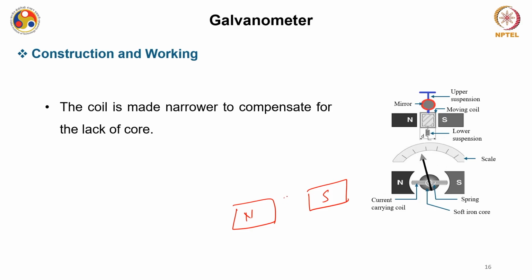You have simply, for example, a coil, which in this case looks like this, wrapped on a former. Now, when you do not have an iron core, the coil is made much narrower to compensate for the lack of the core.